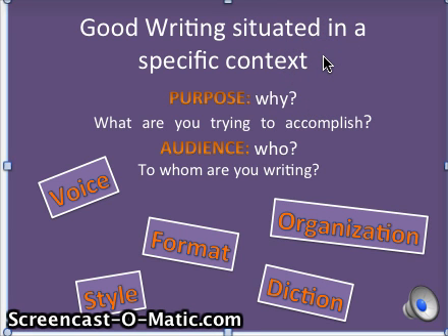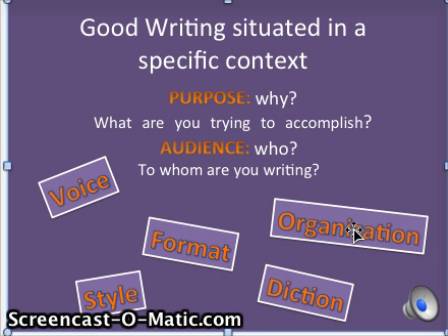This makes sense if you think about it. You have to know what you're trying to accomplish and who you're talking to in order to decide whether the writing is effective or not. And once you decide those things, purpose and audience, then you decide everything else.